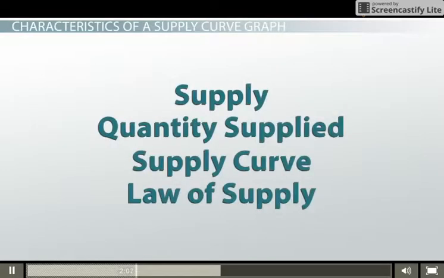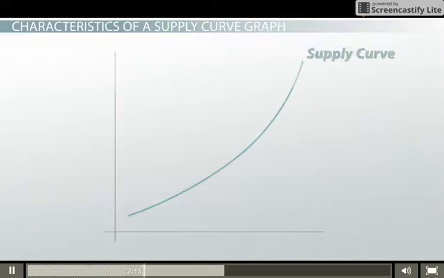Now that we have got some of the most common and fundamental definitions of supply down, let's dive a little deeper into the characteristics of the supply curve. Identical to a common demand curve, the supply curve is measured with product price on the vertical axis of the graph and quantity of product supplied on the horizontal axis.